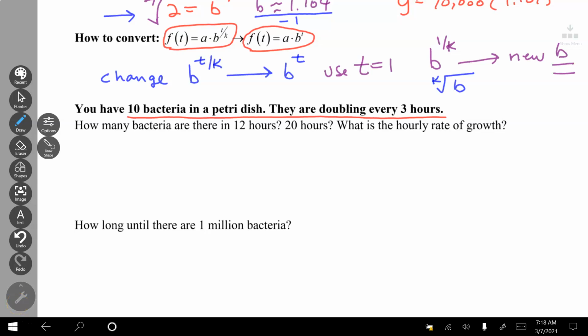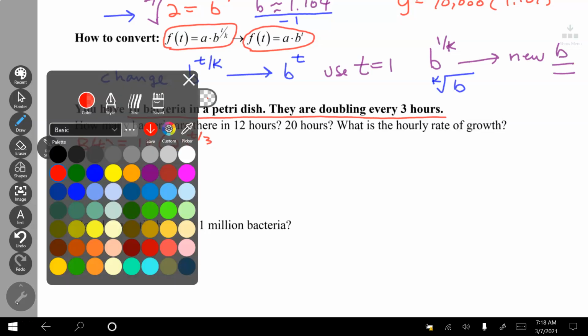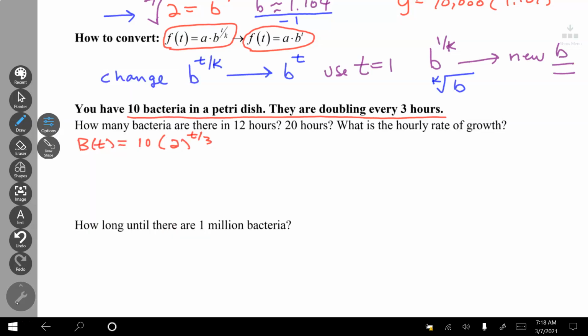So I'm going to show you 2 ways to do a problem like this. You have 10 bacteria doubling every 3 hours. B of t is equal to 10 times 2 for doubling, to the t over 3. Or the other way we can do it is use the idea that I could do 2 to the 1/3, and I put that in the calculator, and I get 1.260. That's a rounded number.